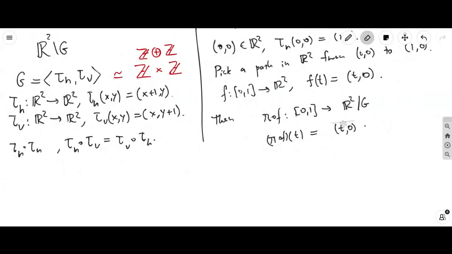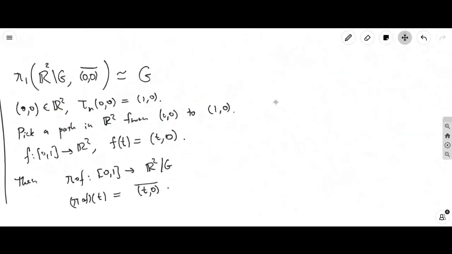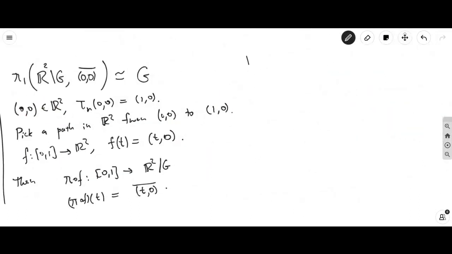But what's the isomorphism? We have a homeomorphism from R2 mod G with the product torus.